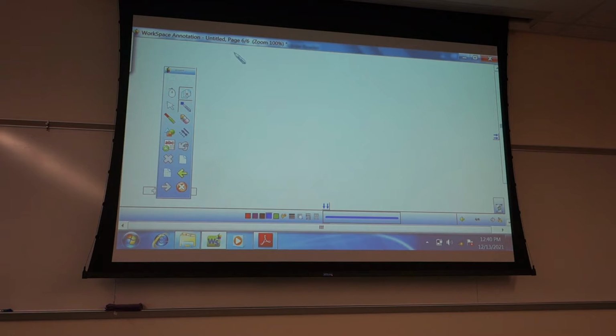So let me give you a function. Given f of x equals 2x minus 3.